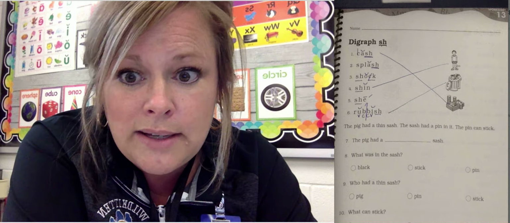Number 6 is a pretty long word, and it's not a word I use very often, so let's take a look at it. I see 2 vowels. And I look for that when the word is a little bit longer. This word has 1, 2, 3, 4, 5, 6, 7 letters. So I'm already thinking this is a pretty big word, might have more than one syllable. And so I see that the U and the I are vowels, and I'm going to code underneath with 2 tiny little V's.